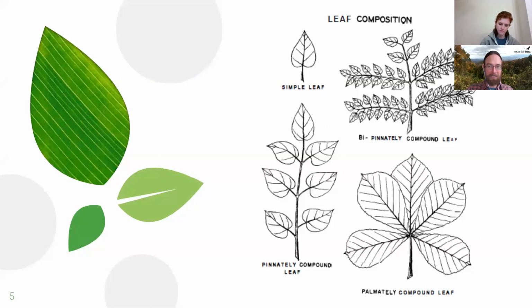It functions as one leaf. It's derived from one leaf. If it's split more than once, it would be bipinnately compound. So you see that diagram of a bipinnately compound leaf on the top right. Another type of compound leaf would be a palmately compound leaf, which is like the palm of your hand. And so Buckeye would be the classic palmately compound tree leaf around here.